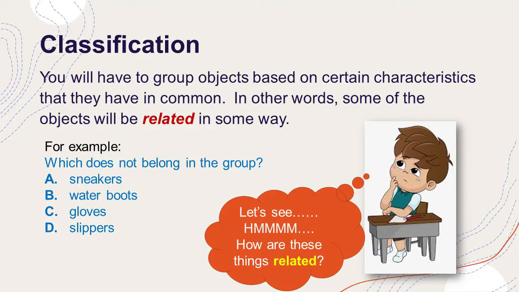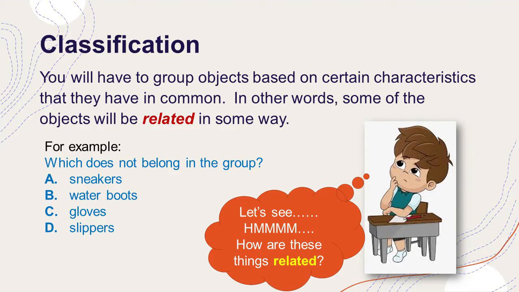Sneakers, water boots, gloves, and slippers. How are they related? That's right. They are all things that we wear on the body. But what part of the body do we wear these things? Let's find out. Which does not belong in the group?